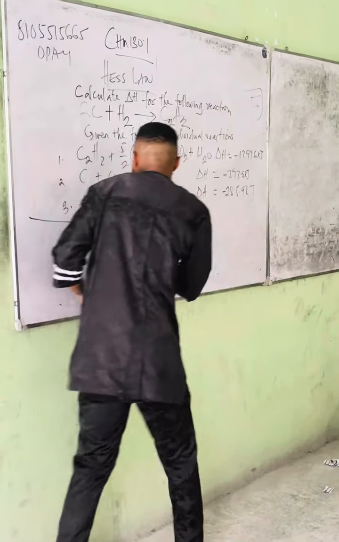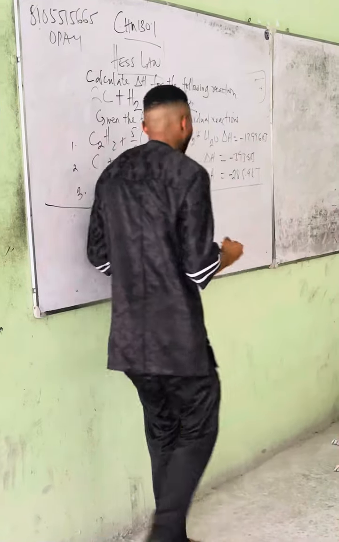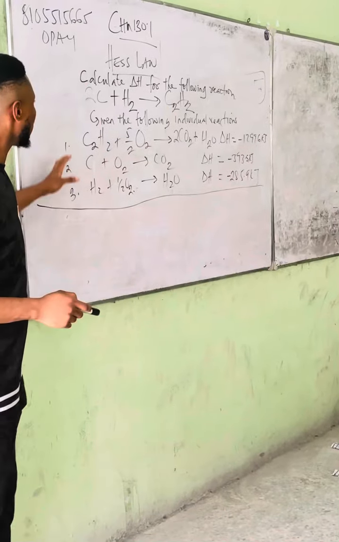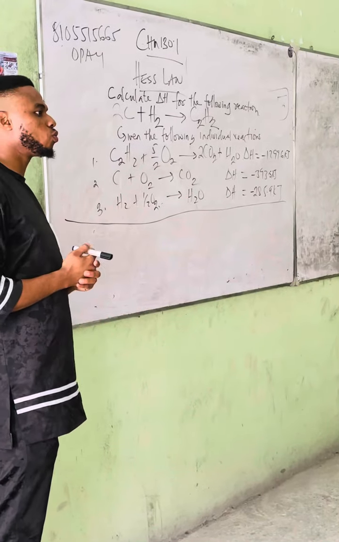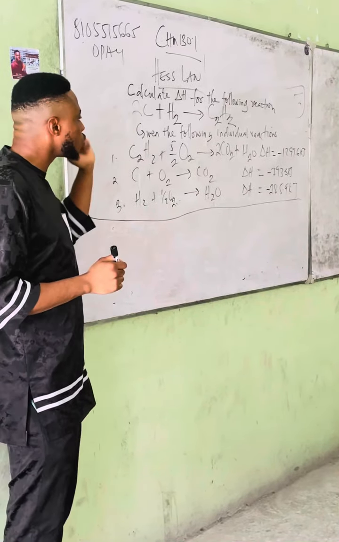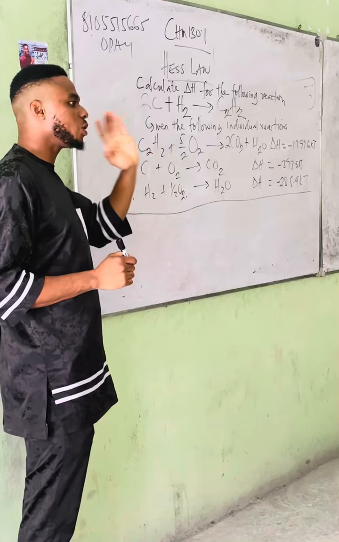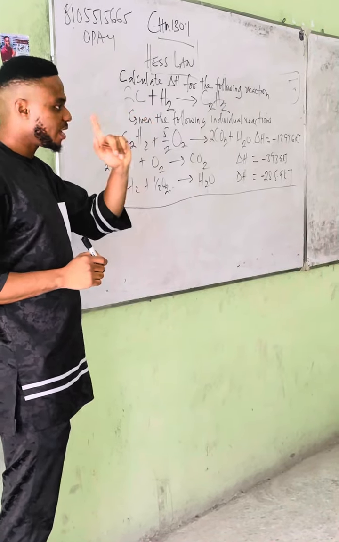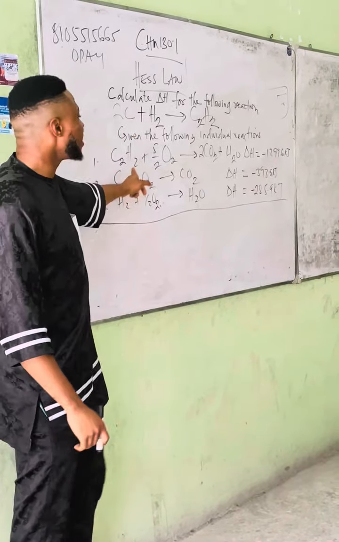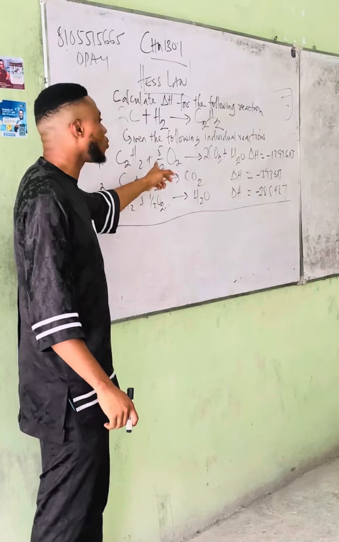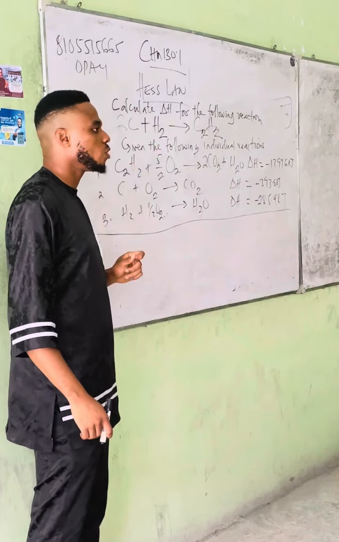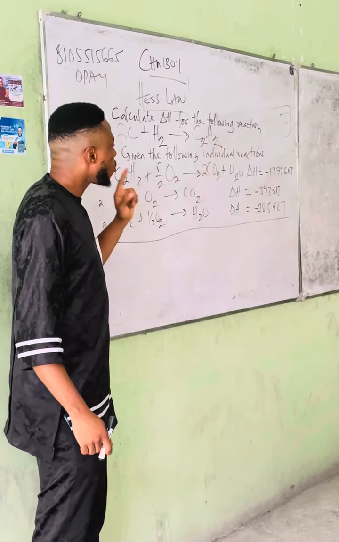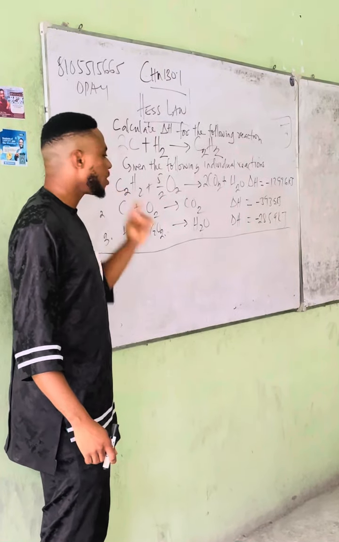So now let us rearrange, under here. Let us look at the first reaction. If you don't look at it critically, you do not understand, and I don't want you to cram. I want you to understand the steps. The first individual reaction is C2H2 plus 5/2O2 to give 2CO2 plus H2O, and delta H is minus 1299.6 kilojoules.